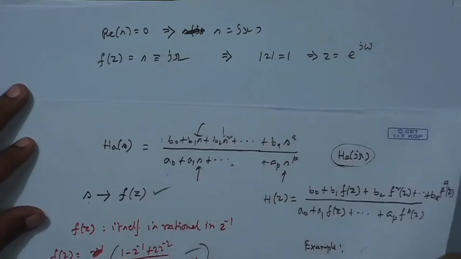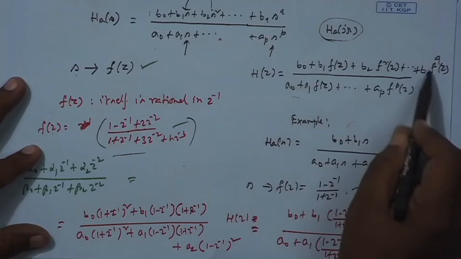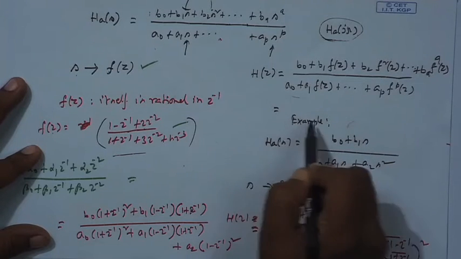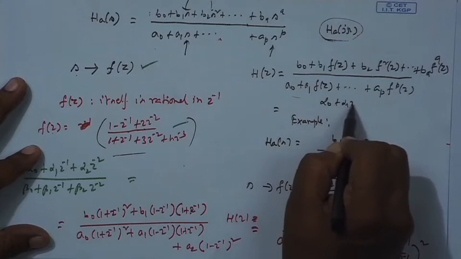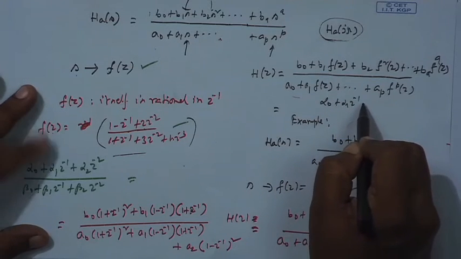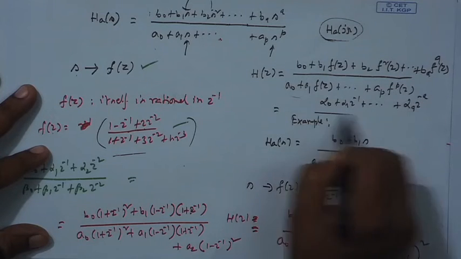Why? Because suppose you make the substitution, you get an H(z) finally in terms of alpha 0 plus alpha 1 z inverse and this way dot, maybe alpha q z inverse q.